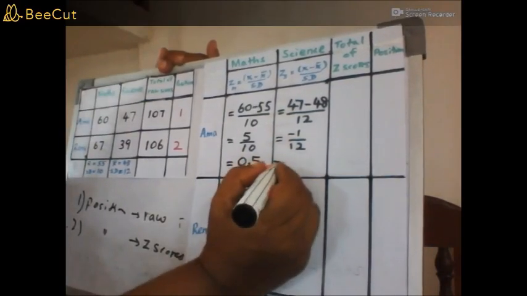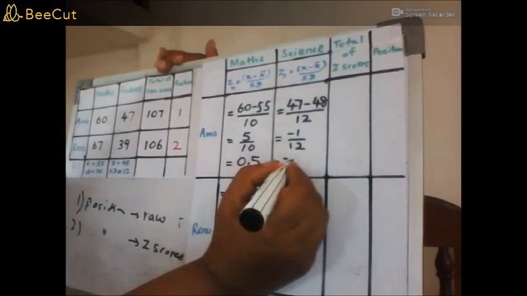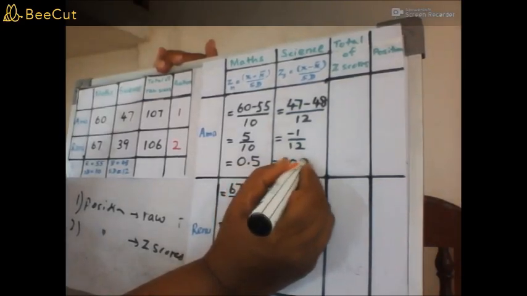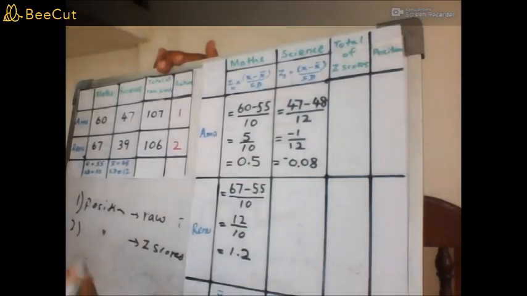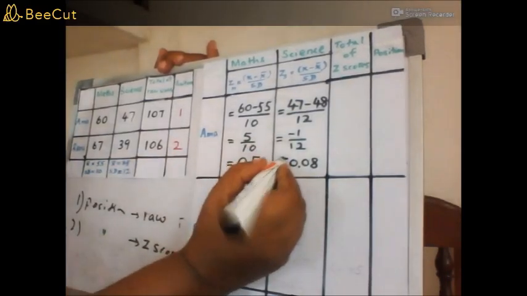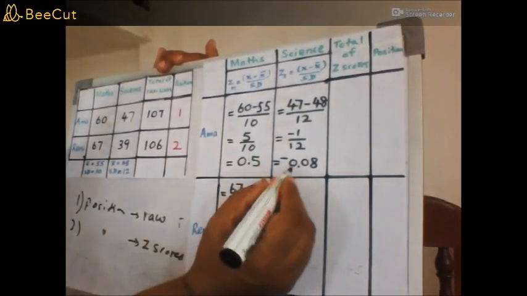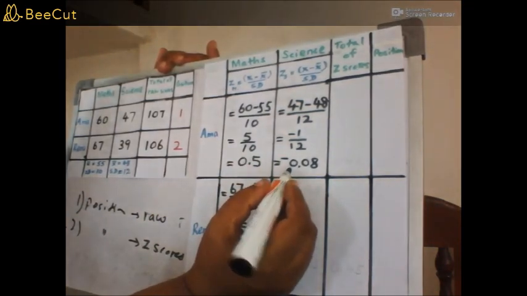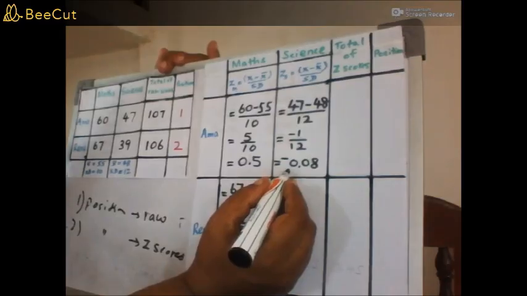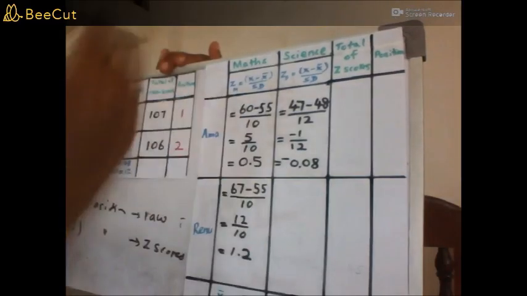The answer is minus 0.08. Okay, it's a minus value. Now when you get a minus value as the Z score, how can you interpret it? Amma has scored below the average in science.